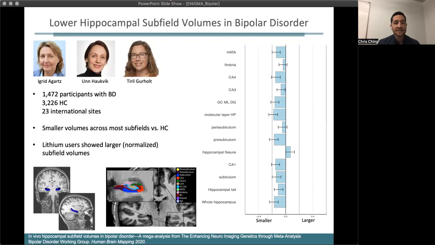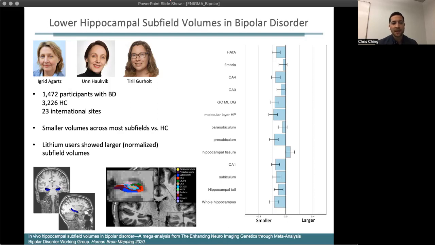We also know that it has functionally distinct subcompartments that we can segment and measure. And so one of the questions we were asking here was to see whether or not bipolar illness might be targeting specific subfields of this structure. Now, what we found was, on average, those with bipolar disorder had lower or smaller subregional volumes across the entire hippocampus.